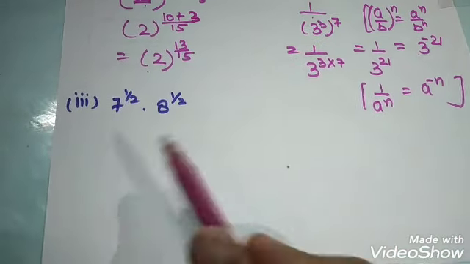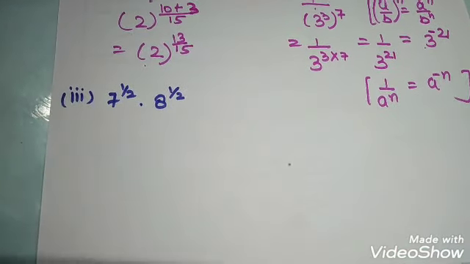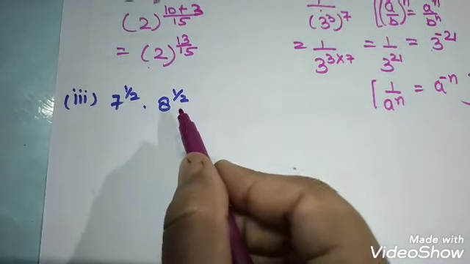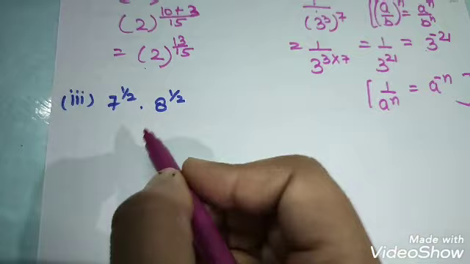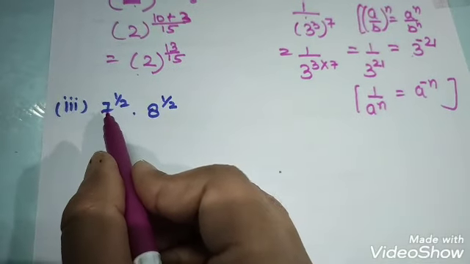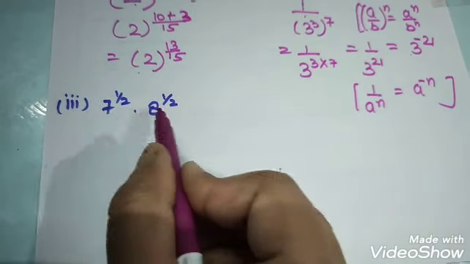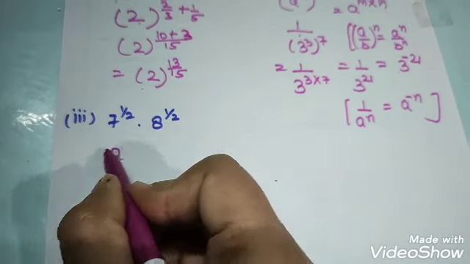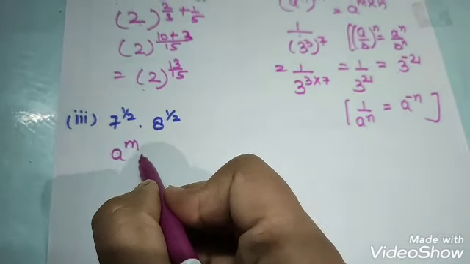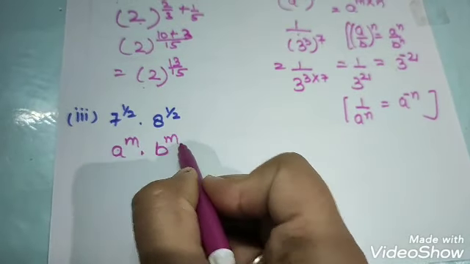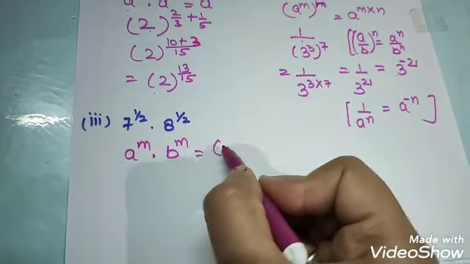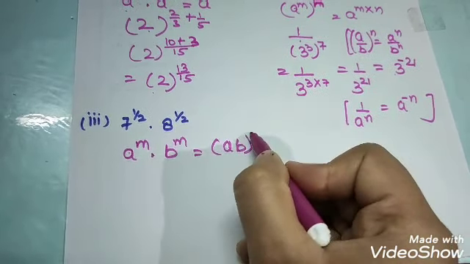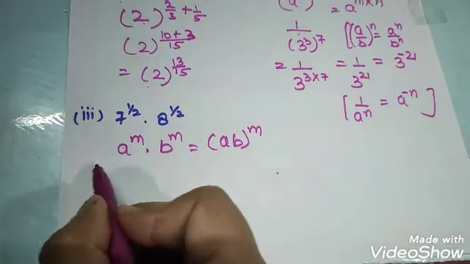So the last part of this question is 7 to the power 1 by 2 multiplied with 8 to the power 1 by 2. Now notice that they have different bases but the same power. That means a to the power m when multiplied with b to the power m, then the bases get multiplied: a multiplied by b, to the whole power m.